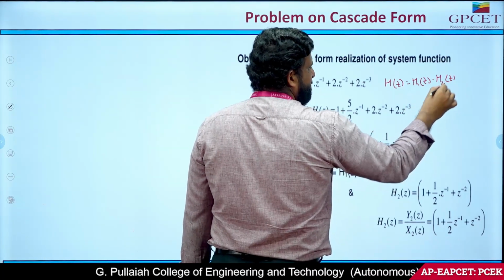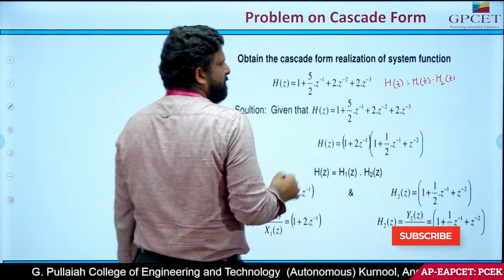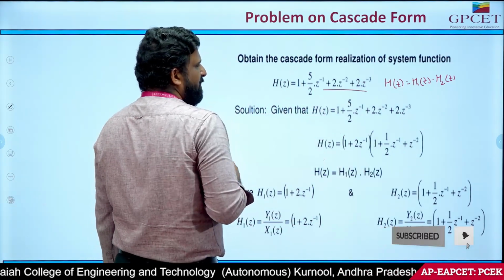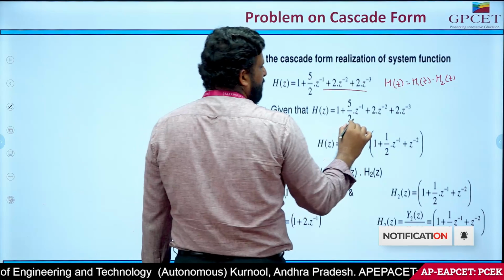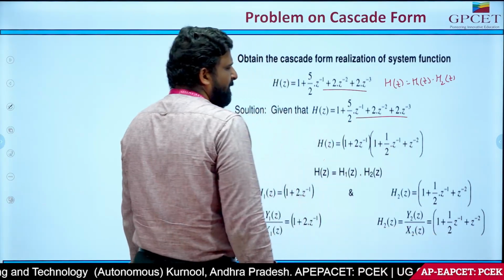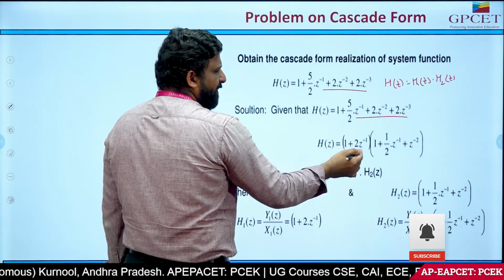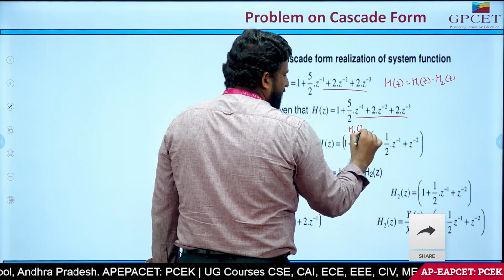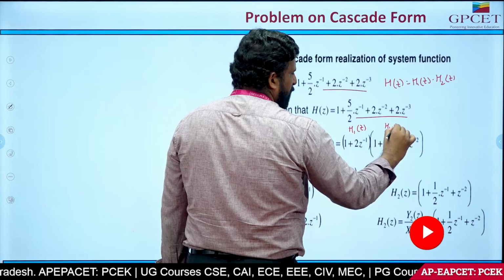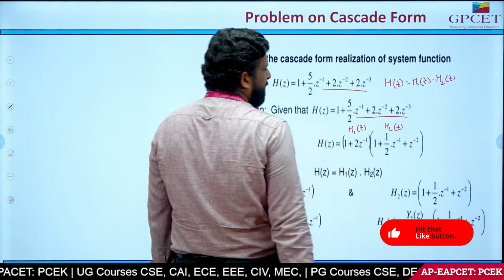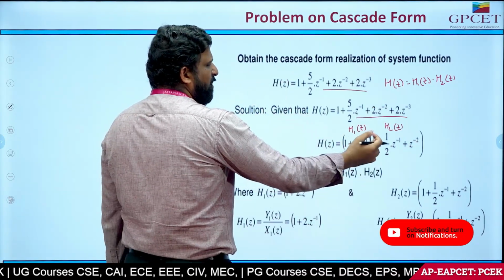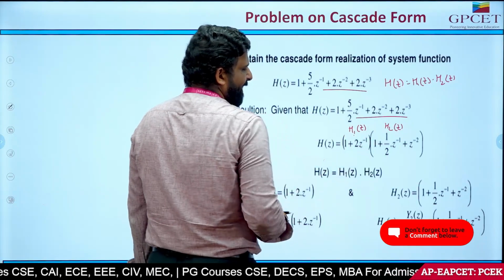Actually cascade means connection of two impulse responses, but the equation is somewhat different. You can see here. So for that what we need to do, we have to do the partial fractions for these particular rationalized factors. After converting this equation into factors, we are going to get H1 of z into H2 of z. I think you got the point. We need to convert this into factors, and it will be in the form of a product, that is H1 of z into H2 of z.